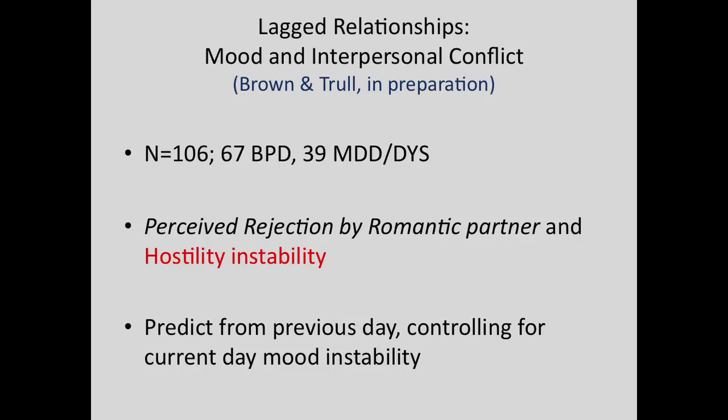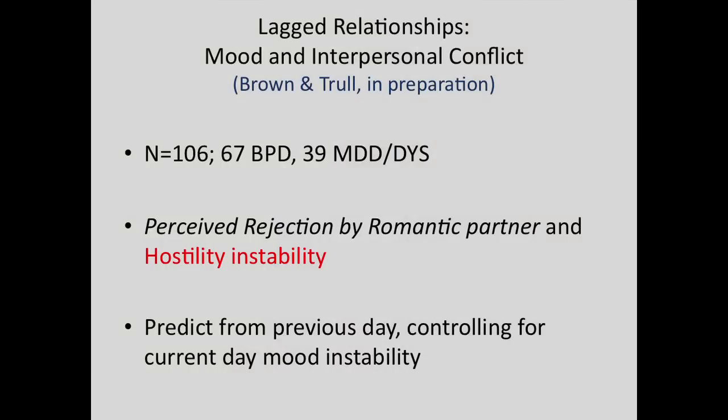Okay, so maybe we can then piece some things together. In particular, we were focusing on this perceived rejection by a romantic partner and hostility, because again, that has more of an interpersonal flair, if you will, that negative affect.